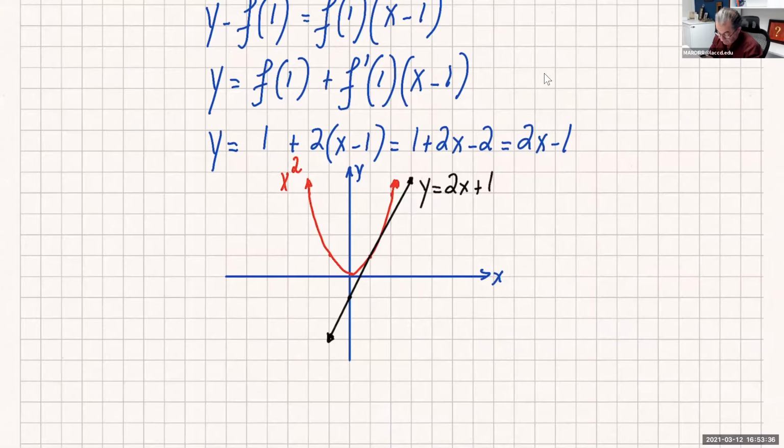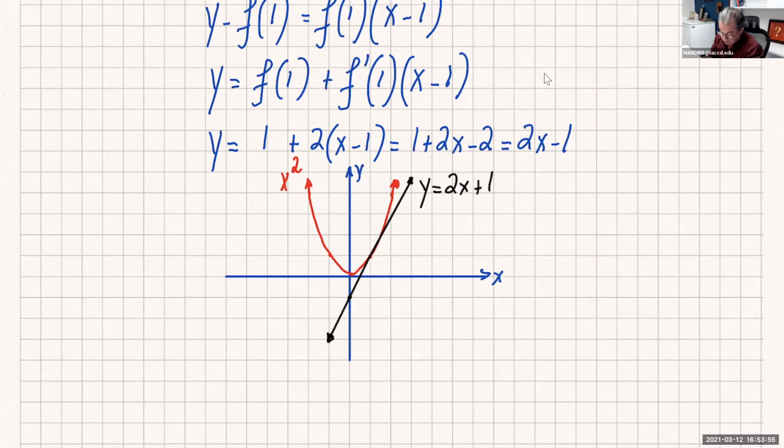So let's see what that is. Y equals f of x equals x squared. That's a parabola, we know, with the vertex at 0. We want the equation of the tangent line at that point. And we know it's 2x minus 1. If I graph that line, we can use slope and y-intercept.